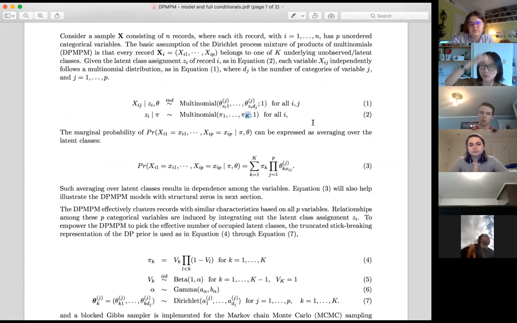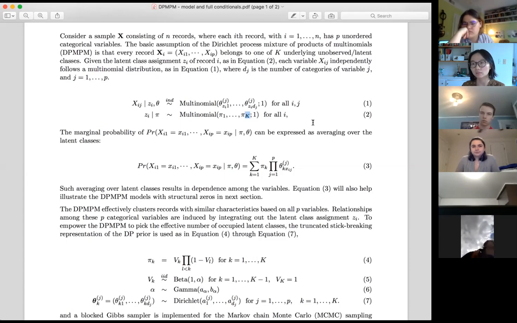So this kind of model is saying that I want to allow the number of latent classes to be infinity, okay? In a sense that I don't know how many latent classes there are, I'm going to let the data decide how many it needs, okay? So that's the general idea.